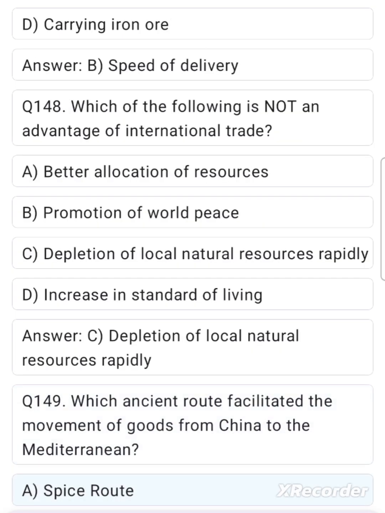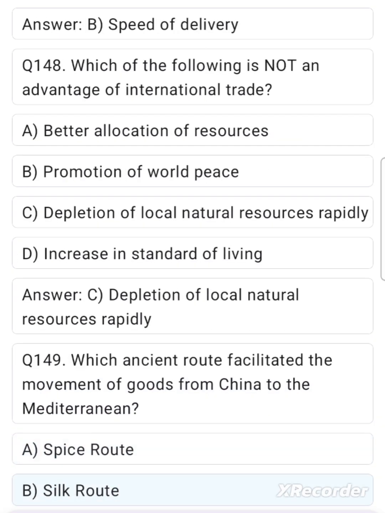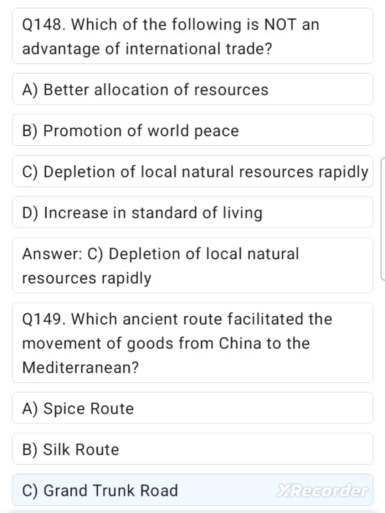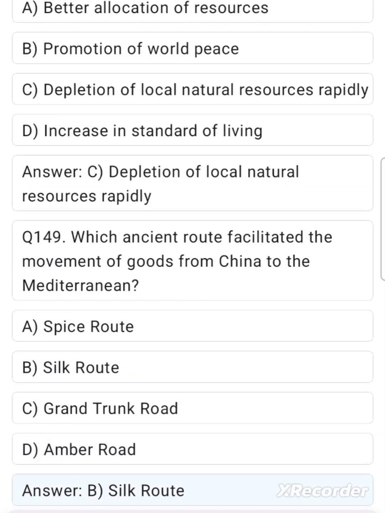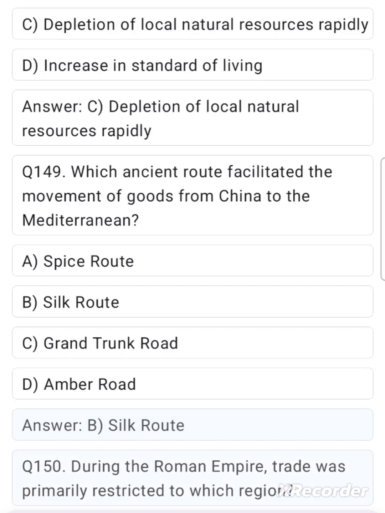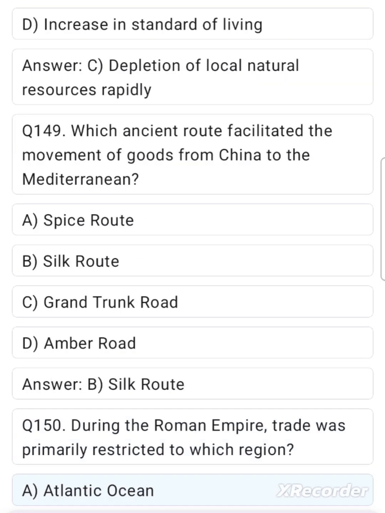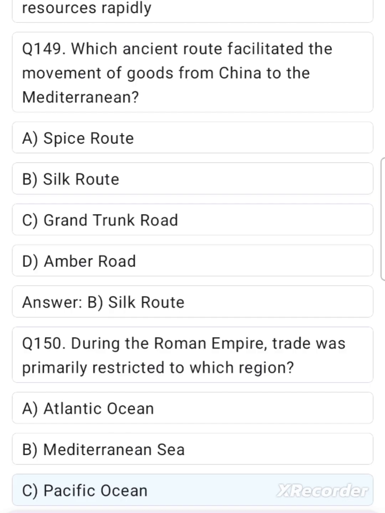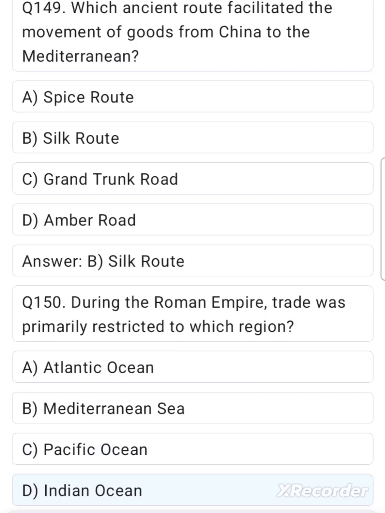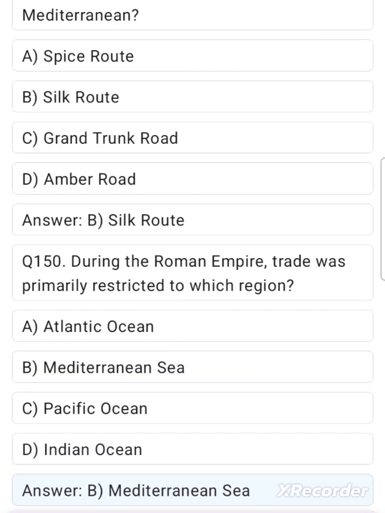A. Spice route. B. Silk route. C. Grand Trunk Road. D. Amber Road. Answer: B. Silk route. Q150. During the Roman Empire, trade was primarily restricted to which region? A. Atlantic Ocean. B. Mediterranean Sea. C. Pacific Ocean. D. Indian Ocean. Answer: B. Mediterranean Sea.